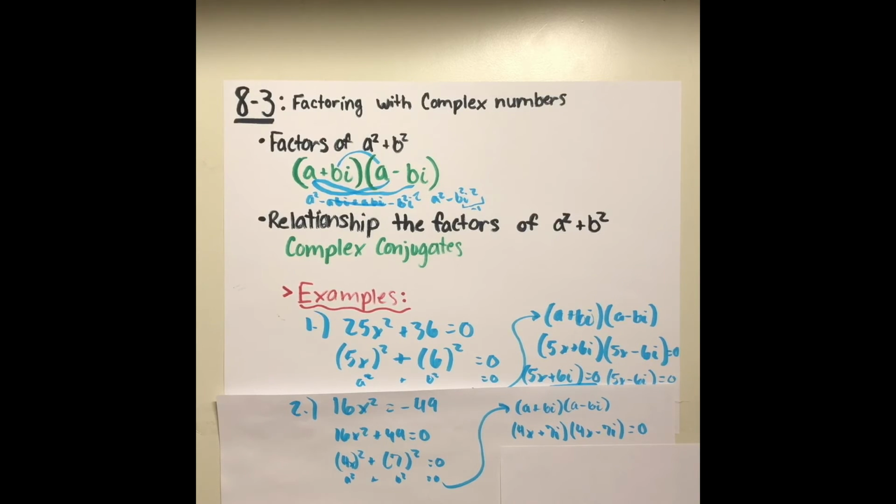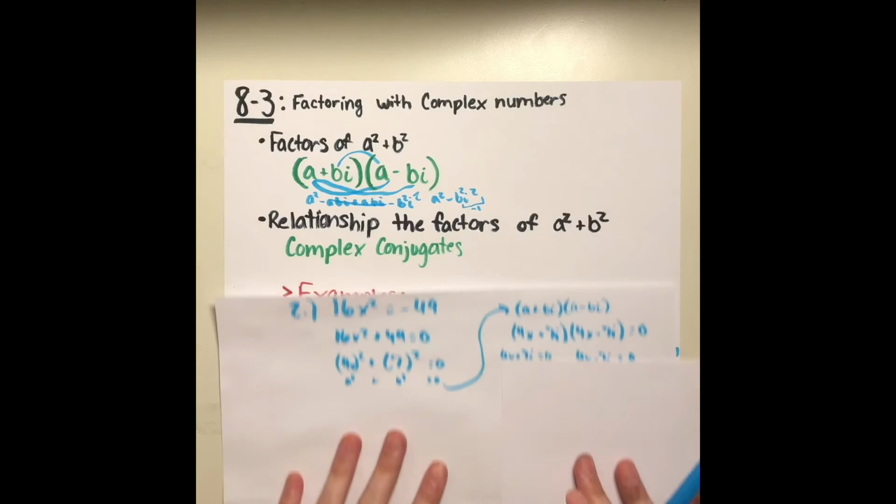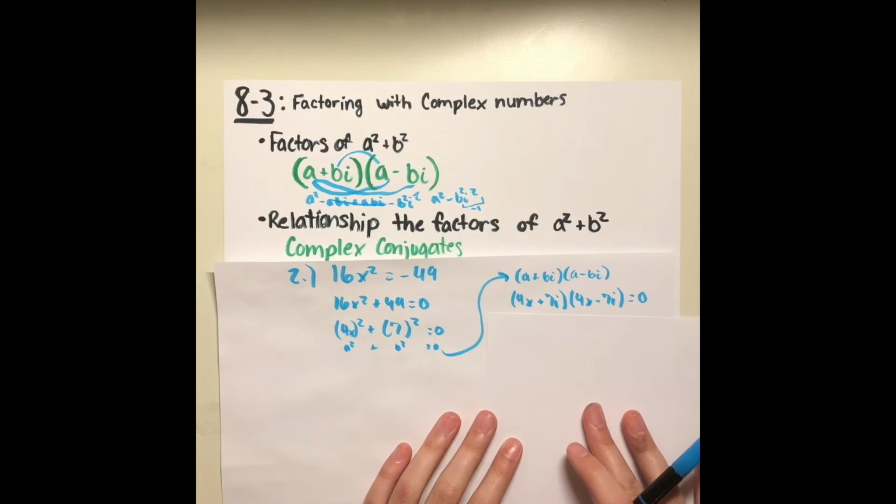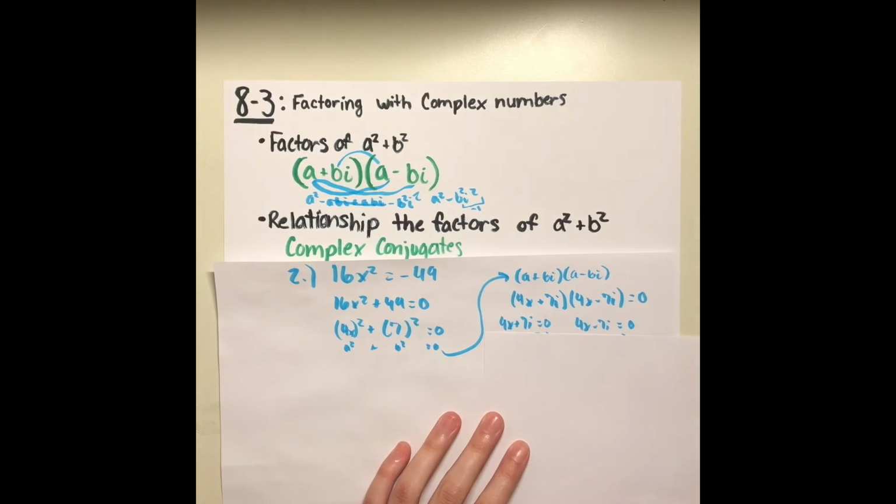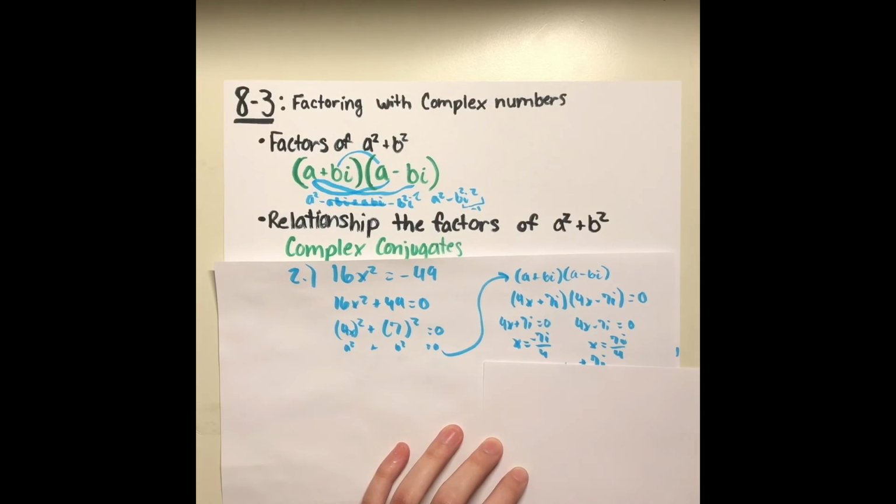So we set both little expressions to 0, which makes an equation. You first subtract 7i from both sides and then divide by 4. So you get x equals negative 7i over 4 and x equals positive 7i over 4.